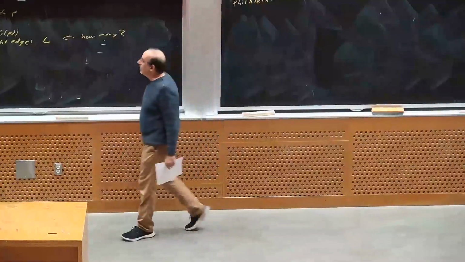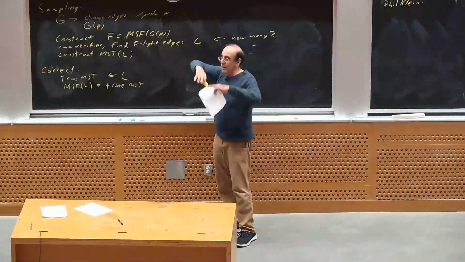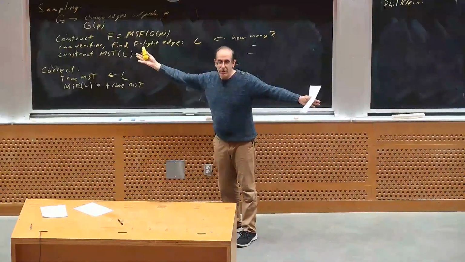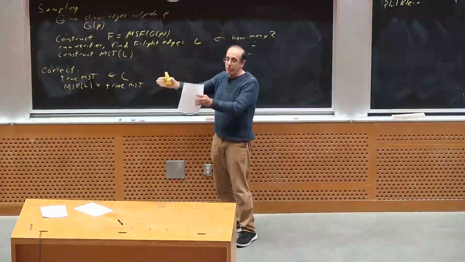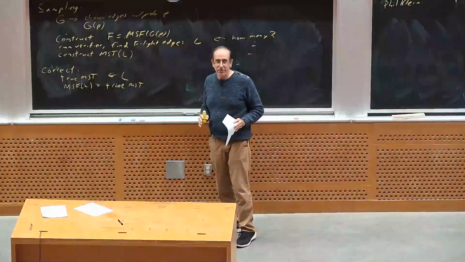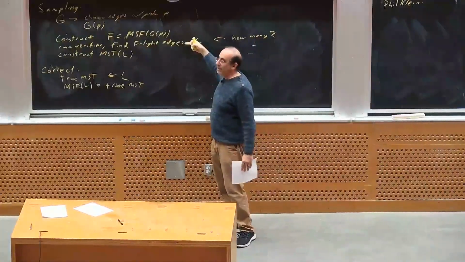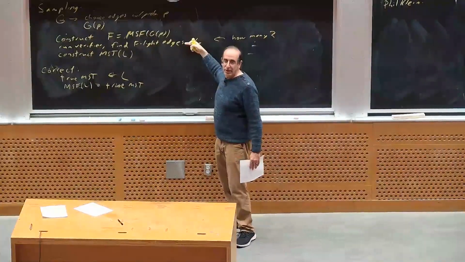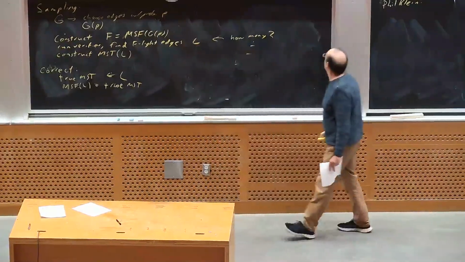Okay? And so if you think about it, essentially what we're doing here is turning one big MST problem on a large graph into two MST problems on hopefully small graphs with fewer edges. One in our sample and one in whatever the F-light edges are. Okay.